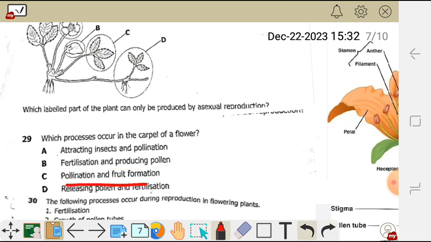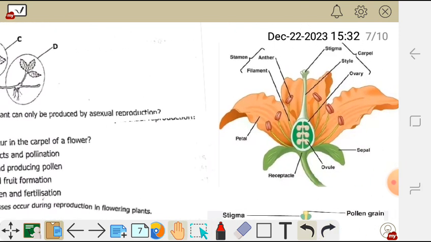Pollination and fruit formation. We know that pollination is simply the movement of the pollen grain from the male to the female, onto the stigma. Then that pollen forms a pollen tube and goes into the ovum, causing fertilization. So the female part is involved during pollination.